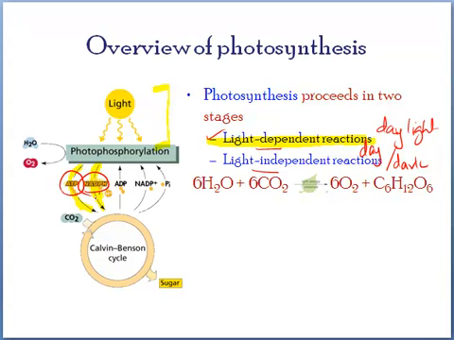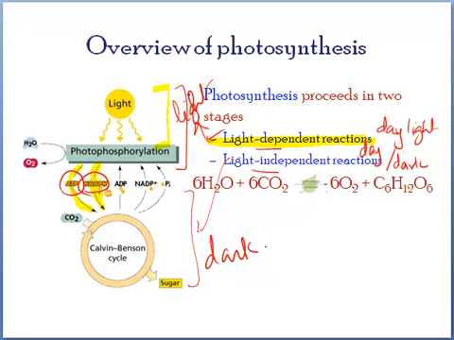I'm not going to go into a big name of this because I don't expect you to remember that. Just remember that in the light dependent reaction, these two molecules are generated that then help the dark reaction. The dark reaction is the one on the bottom, and the light reaction is the one on the top. The light reaction again is the light dependent reaction, and this is called the light independent reaction. Notice over here what's being released: oxygen.